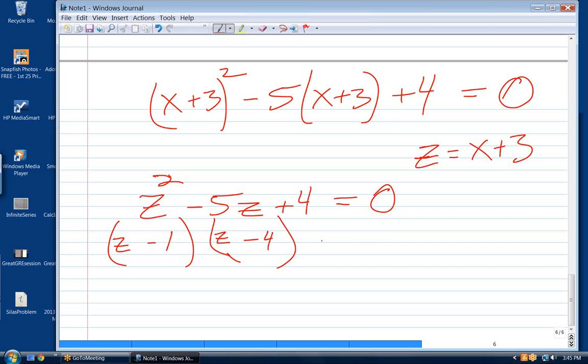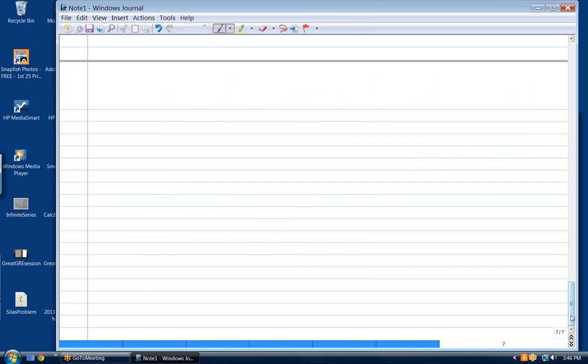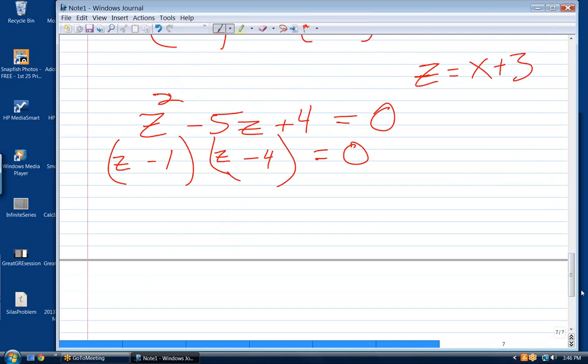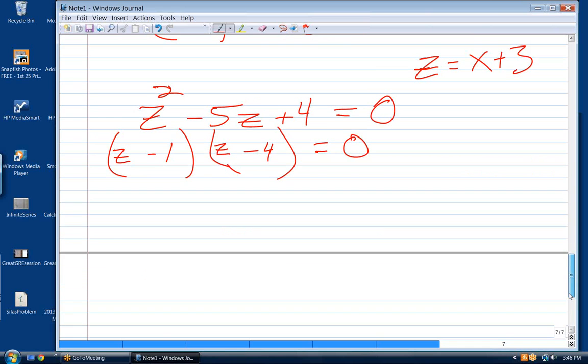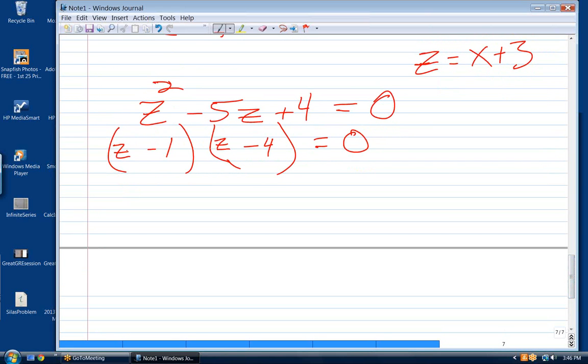And so then you get your answers for z. Well, we got 2 choices here. We can solve for z, and once we solve for z, we can go back and solve for x. But why don't we just put this in immediately, before we go further, back in for z?